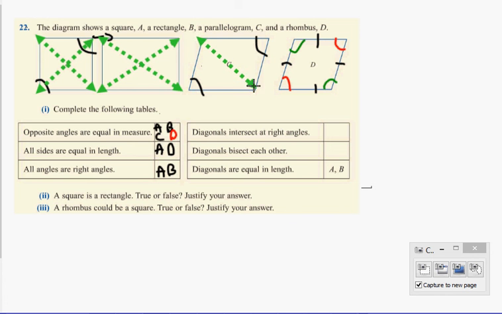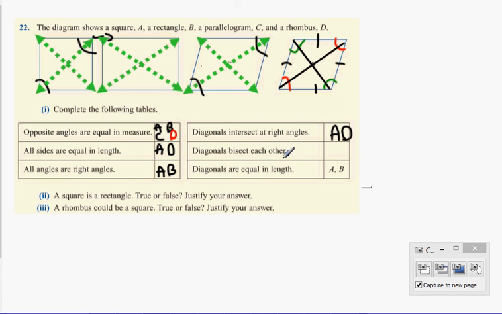This one here also won't intersect at 90 degrees. And this one here, I think that one will. Yeah. Now lads, if you're stuck in a test, you can very easily just draw 2 or 3 of them and draw some diagonals and just measure the angle. So we're going for A and D.